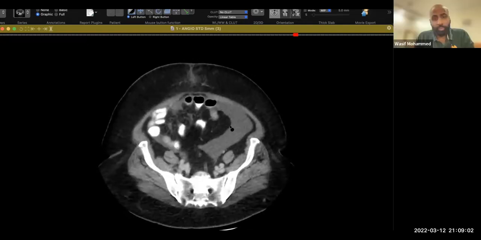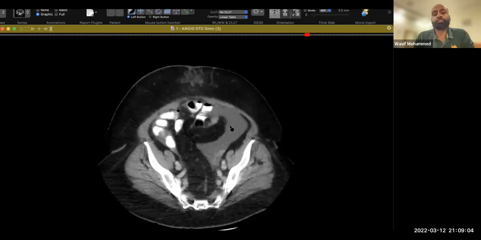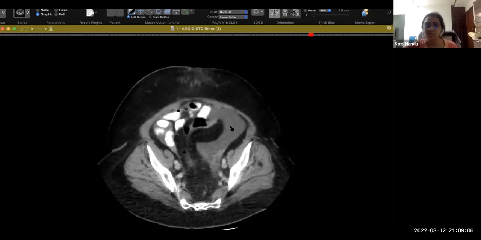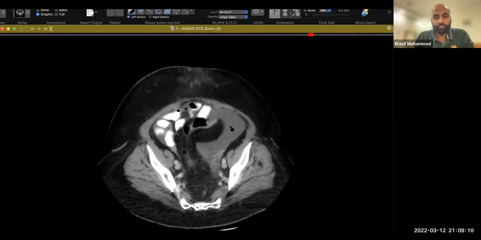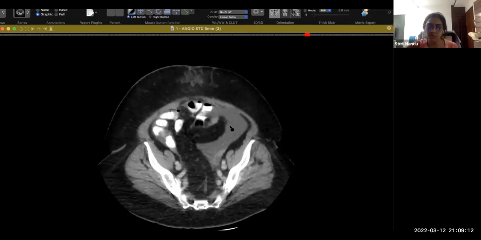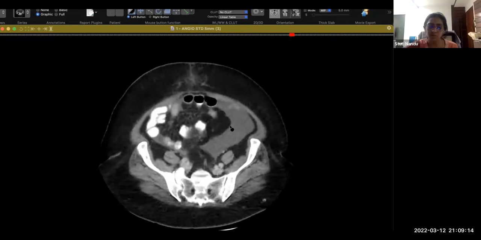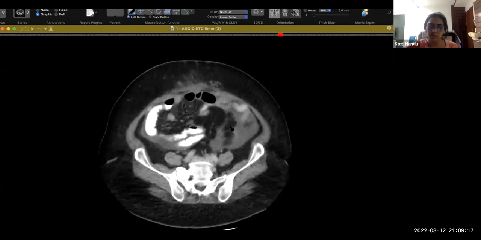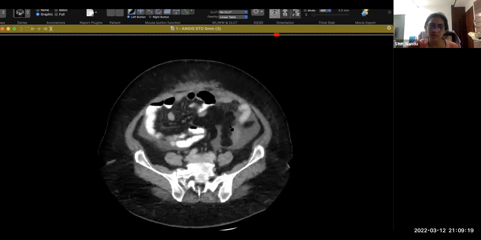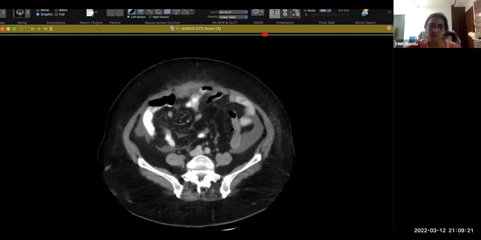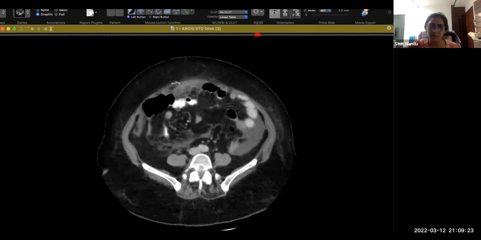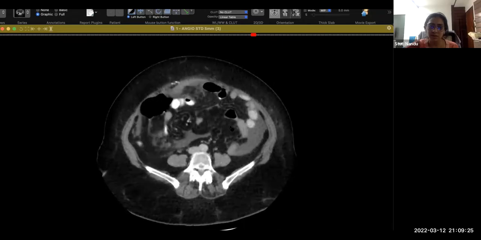Is it just omental fat stranding, or is there something more? No, I'm just scrolling upward now to look for any other associated findings or features. So I can see that there is subcutaneous fat stranding also noted in the region of the umbilicus.